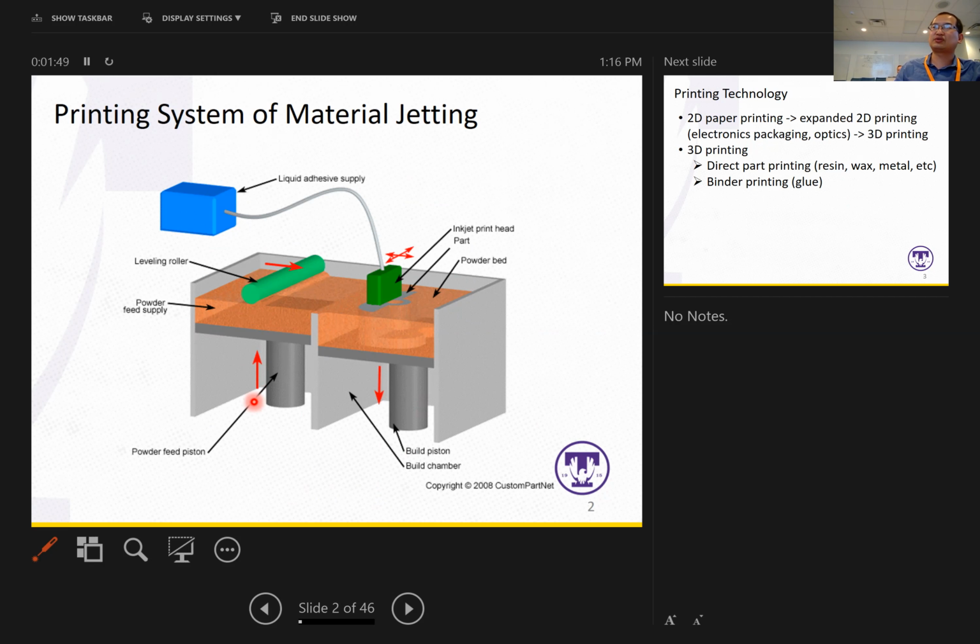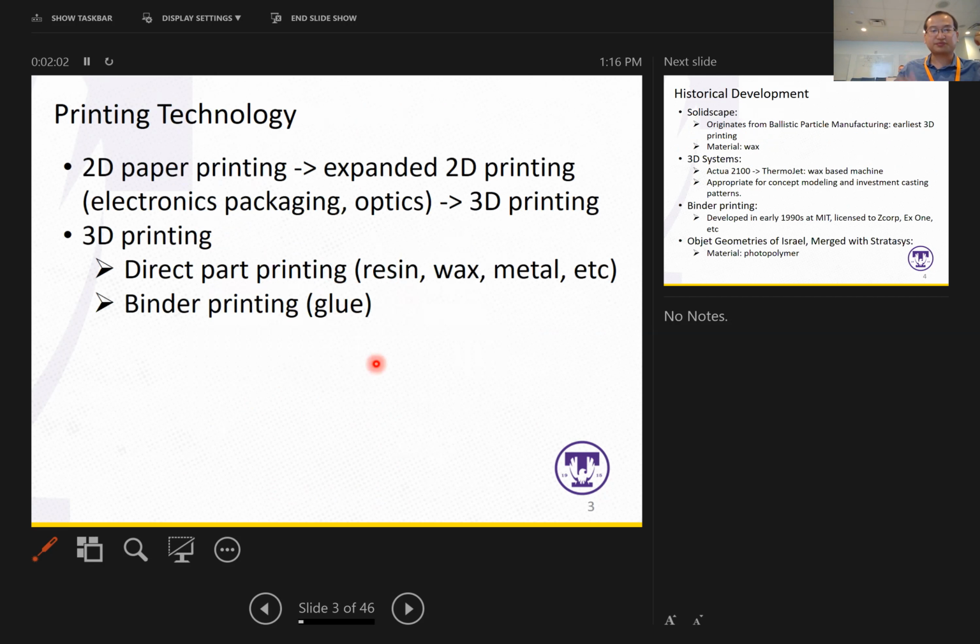It's quite similar to 2D jetting, but you have this Z movement such that you could build one layer upon another, right? As I mentioned, this technology is inspired by 2D printing.